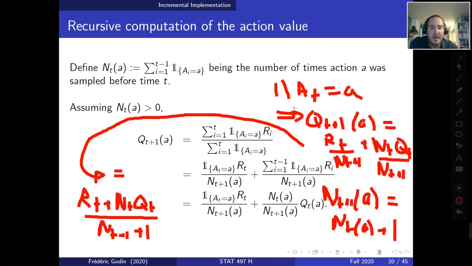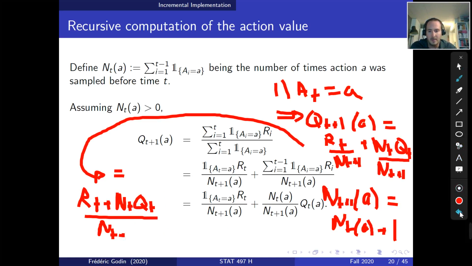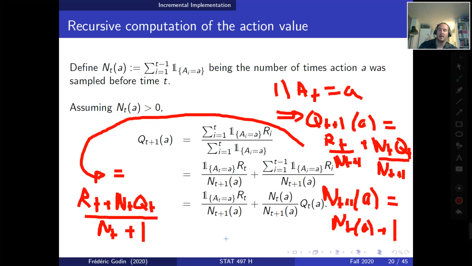So if action a is selected, then the estimate of the expected reward for action a at time t+1 is the current reward plus the number of times the action a was sampled in the past times the estimated expected reward as of the previous step, divided by N_{t+1}. Sorry, there should be no plus 1 here. This is just N_{t+1}, like that.